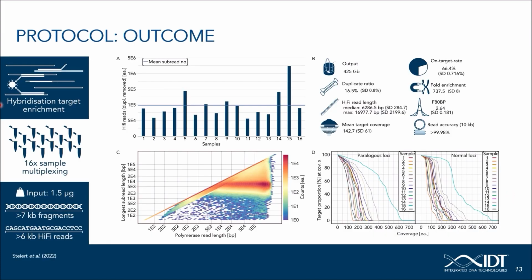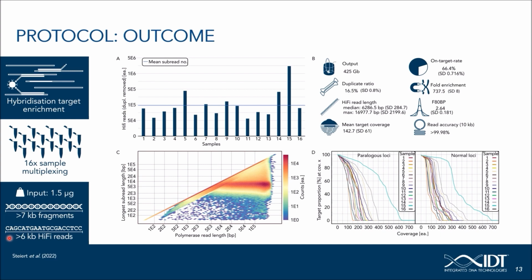This is some peer-reviewed data from our publication last year. We hybridization enriched 2.2 megabases of blood group loci at a 16x multiplexing level from an initial input of 1.5 microgram per sample, achieving greater than 7 kilobases in fragment size and greater than 6 kilobases in HiFi reads.